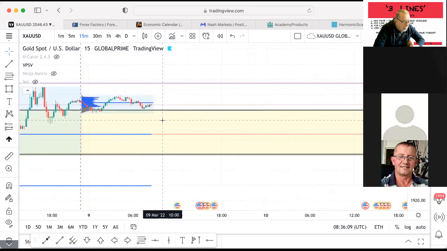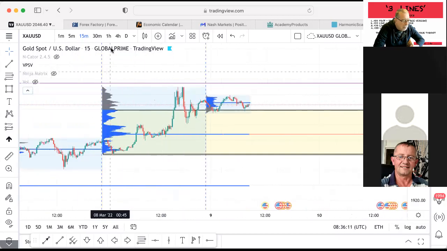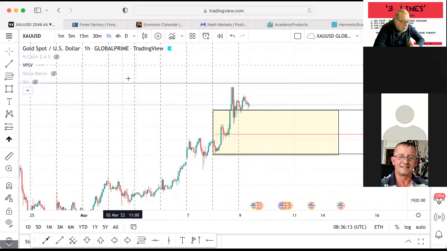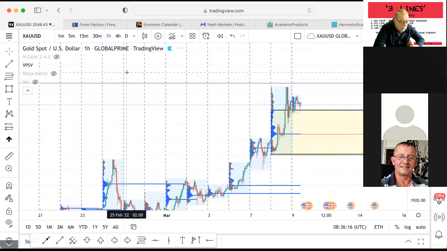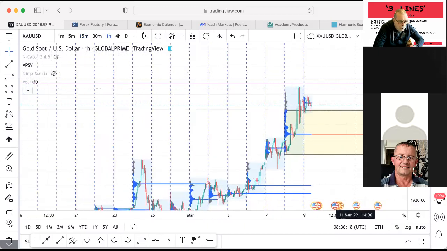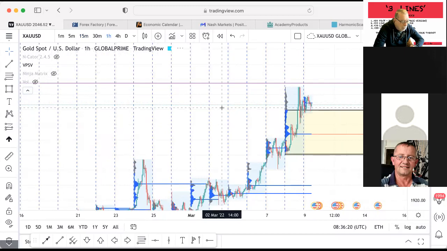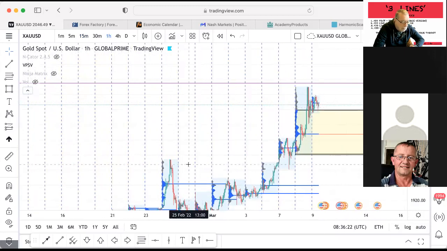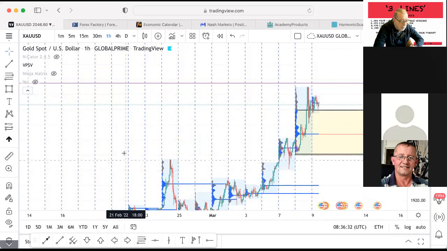And the next thing I do is look at the big picture. So I go out to the 1 hour time frame and look at what's been happening over the last few days. And as you can see, price has been on the up almost constantly since the 22nd of February.